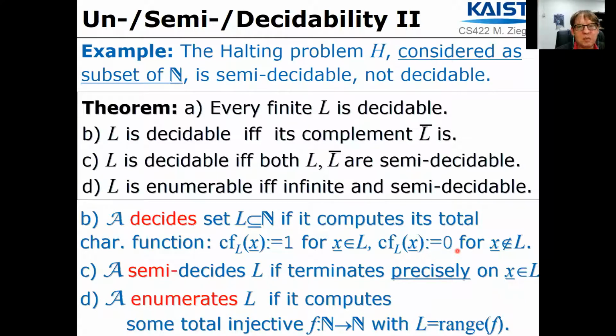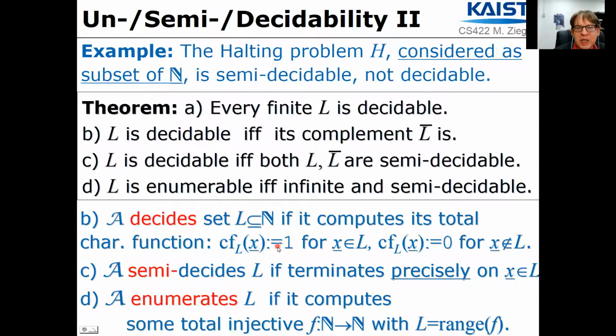And that's it. Because now this algorithm terminates precisely on inputs that belong to L. For inputs that belong to L, the algorithm computing the characteristic function will simply terminate and not output 1, because we've applied the first modification.